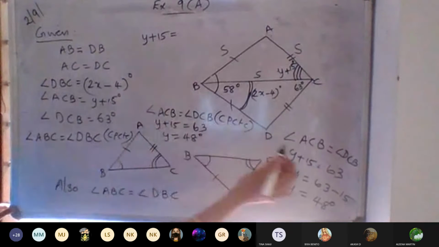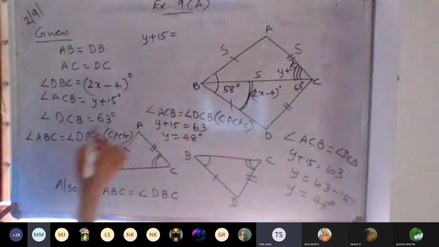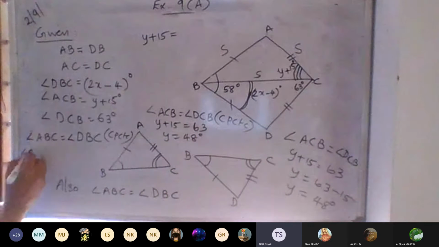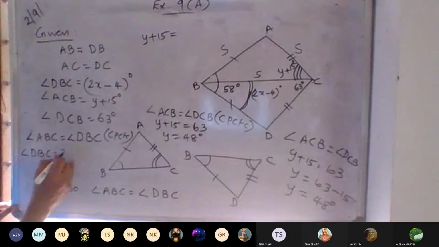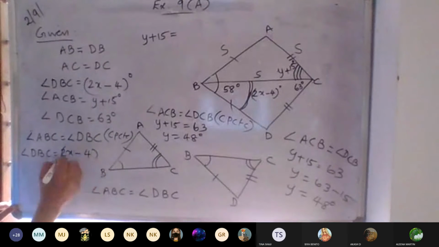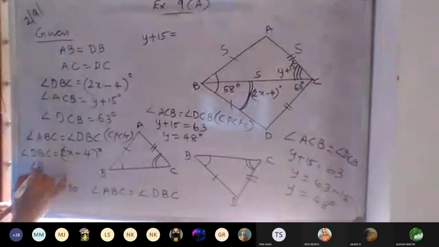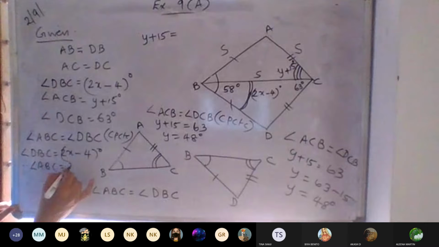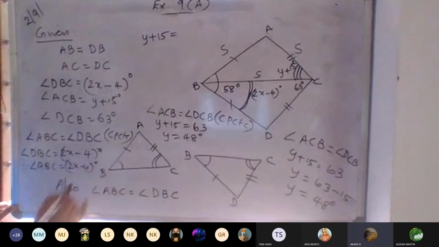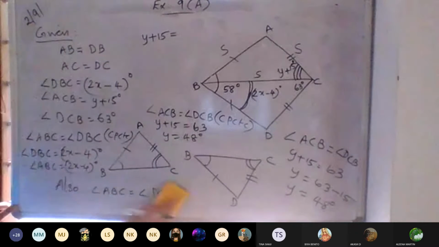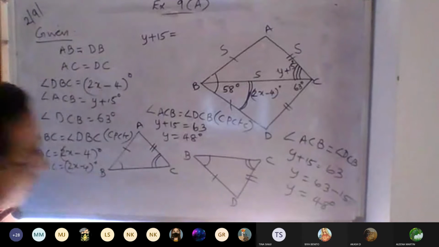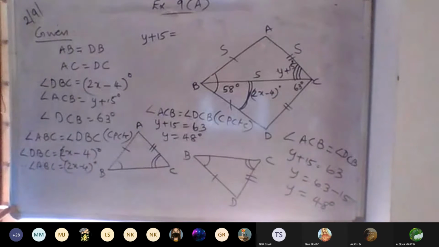Look at DBC. 2x minus 4 degree. Angle DBC is equal to 2x minus 4 degree. Therefore, we can write angle ABC also what? 2x minus 4, isn't it? Since these two are equal, we can write both the value 2x minus 4.